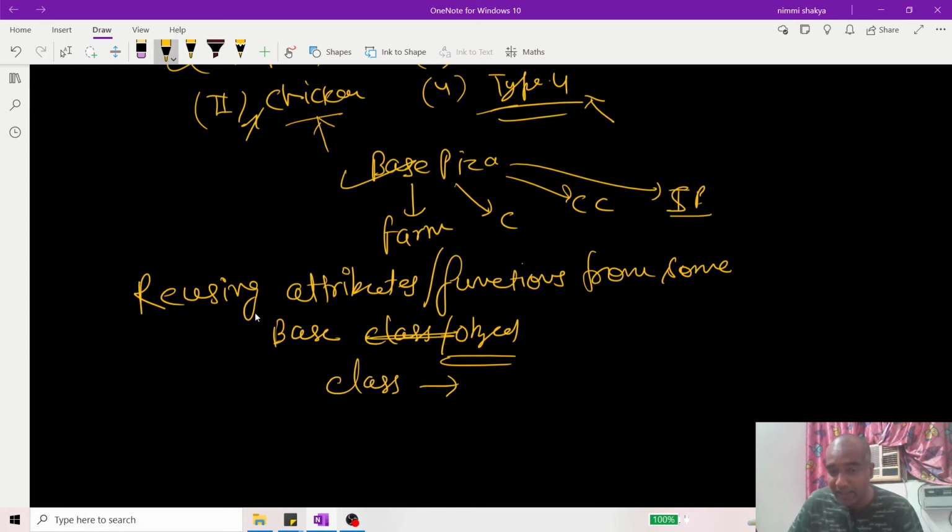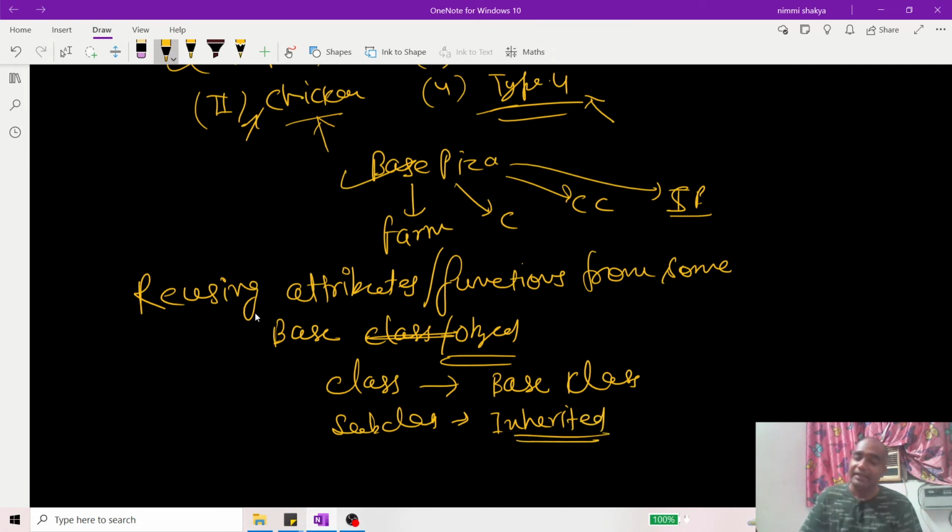The class from which you will inherit is known as the base class. The inherited class is known as the subclass, and the base class from which you are inheriting is known as the superclass.